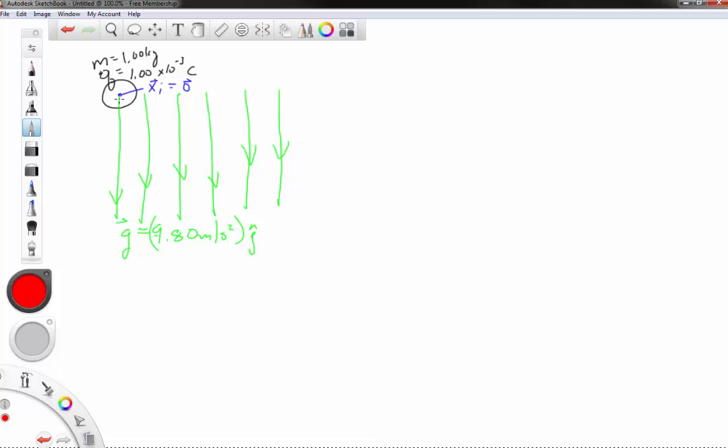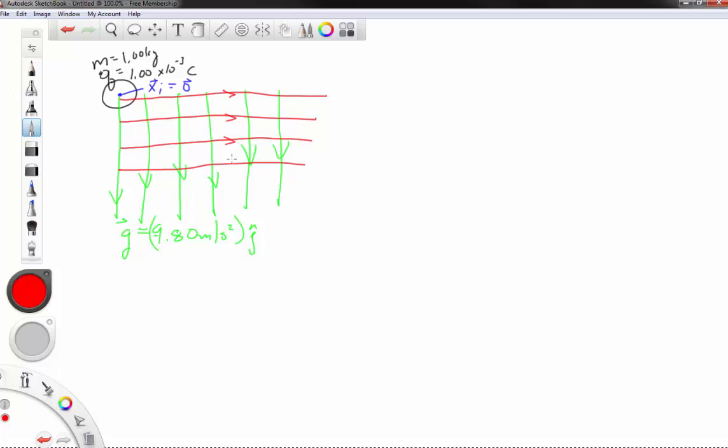And in the same place we also have an electric field, which is perpendicular to the gravity field. So that's like this. Merry Christmas, I guess. And so we have an electric field going here.